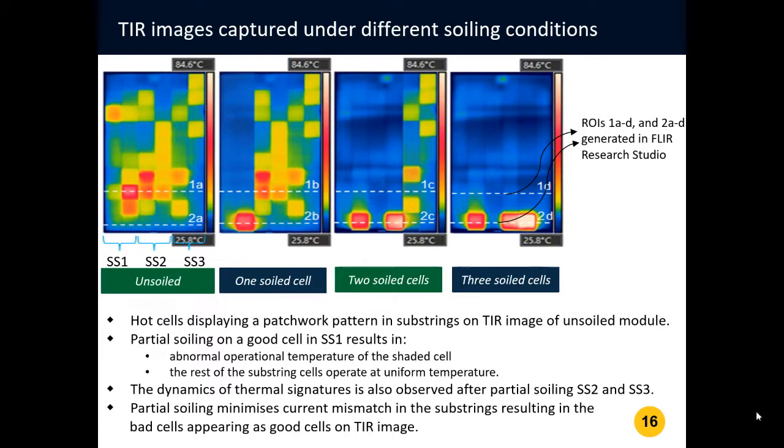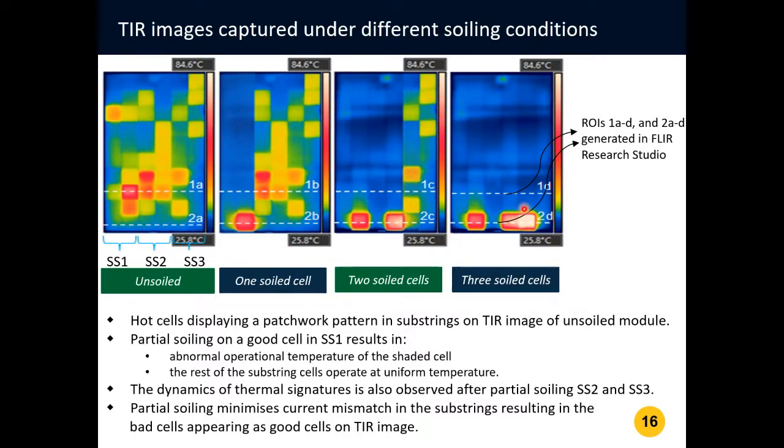This dynamic operation of the thermal signatures is also observed after partial soiling of substring 2 and substring 3.